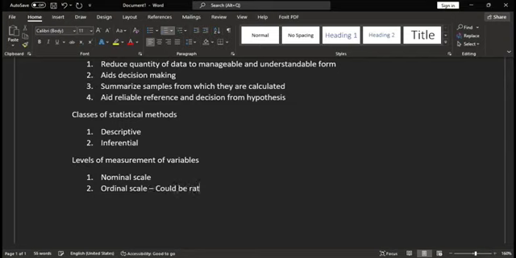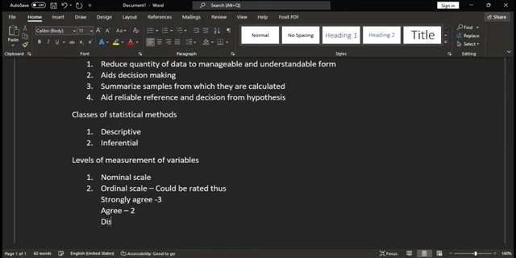Could be rated thus, for example: strongly agree, having a rating of 3. This is just an instance. Agree, having a rating of 2.